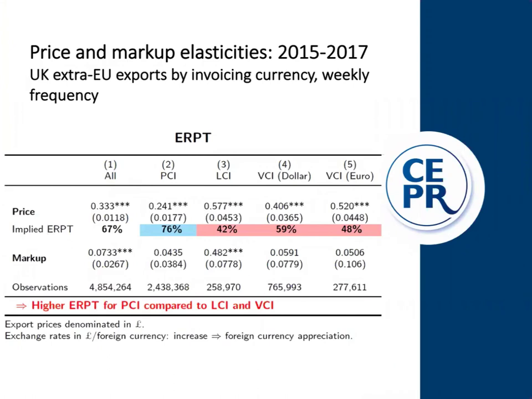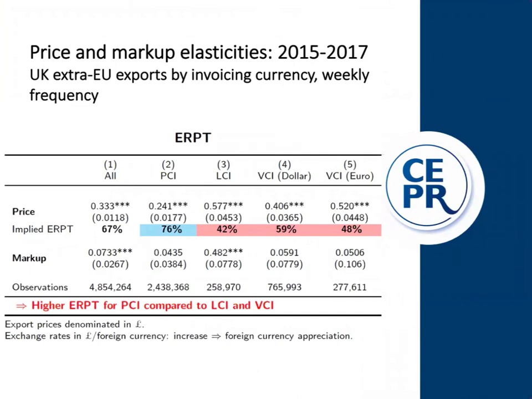So on average, if we look at all goods, regardless of their invoicing currency, when there's a depreciation of the sterling, pass-through into foreign prices is incomplete. For a 10% depreciation of the sterling, prices in the foreign market are going to fall 6.7%.